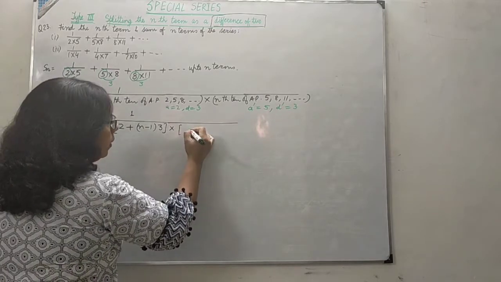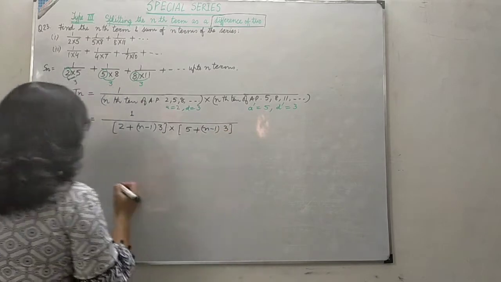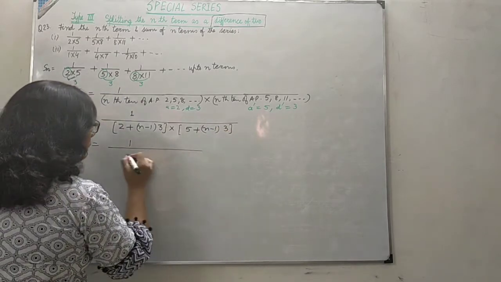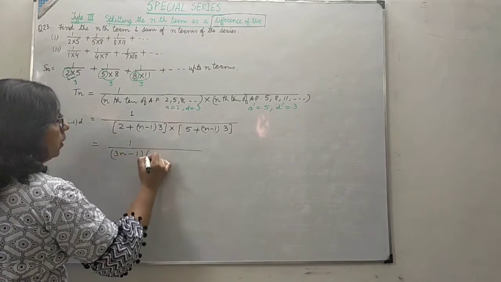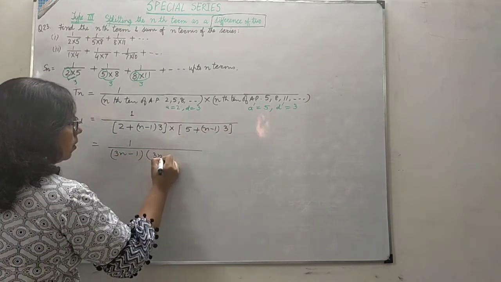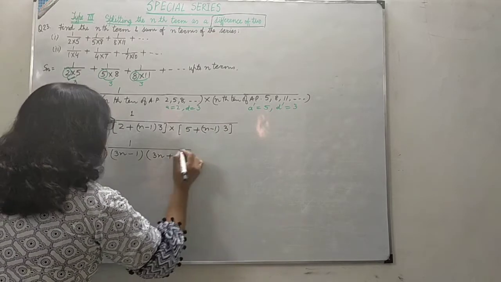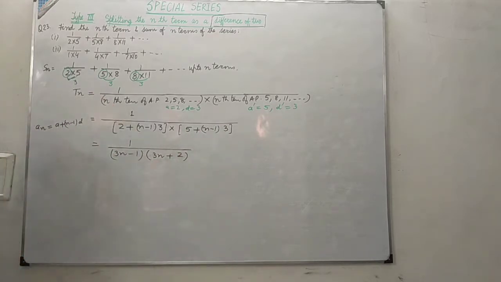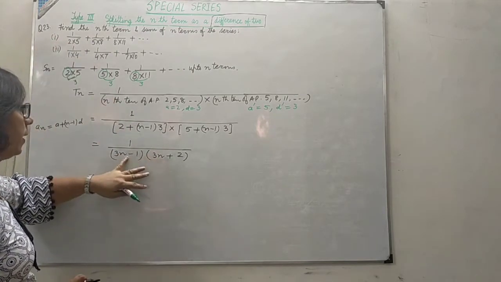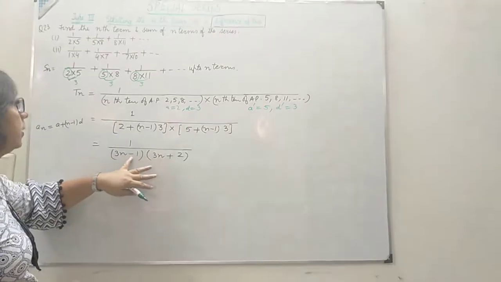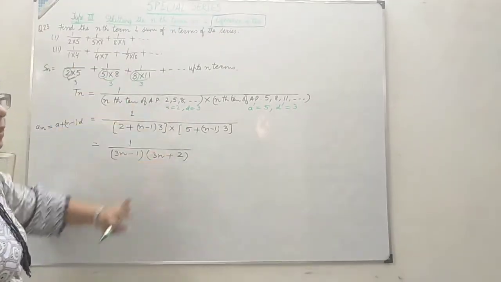Now this is 5 plus n minus 1 into 3 again. So we are having 1 upon 3n minus 3 plus 2, which is 3n minus 1, into 3n plus 5 minus 3 plus 2, which is 3n plus 2. So we are having Tn as this much. We can verify our terms as well by substituting n as 1. 1 means 3 minus 1, 2, and 3 plus 2, 5, etc.